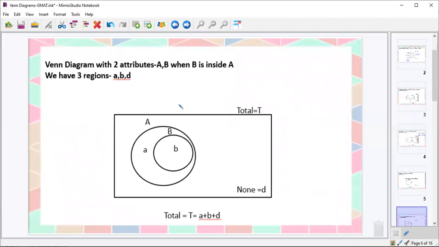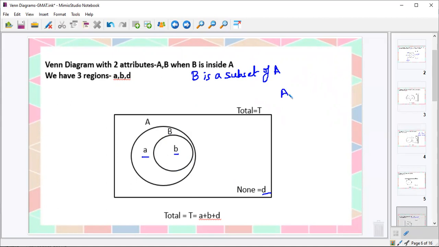The last scenario which we can have in Venn diagrams is when B is inside A, or when you can say B is a subset of A. So when we have this scenario, we can represent B entirely inside A, and we again have only 3 regions, A, B, and D. Now what can be an example of this?